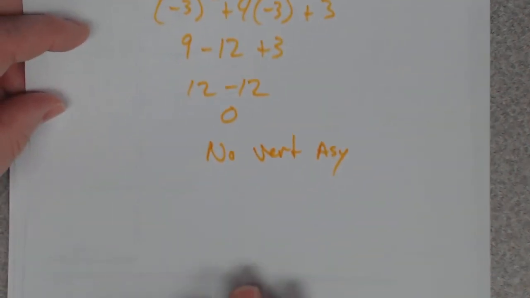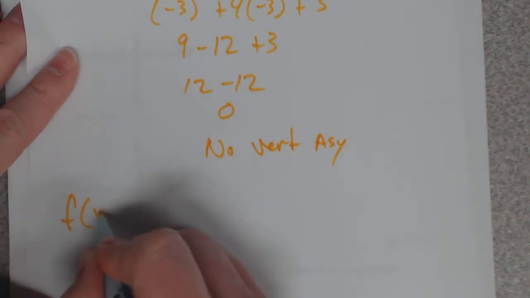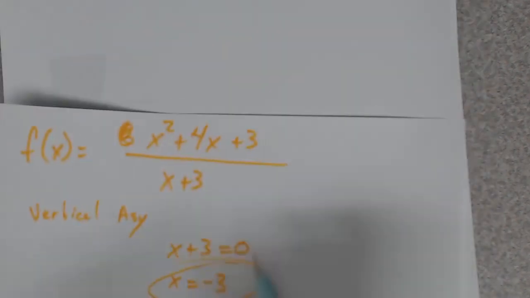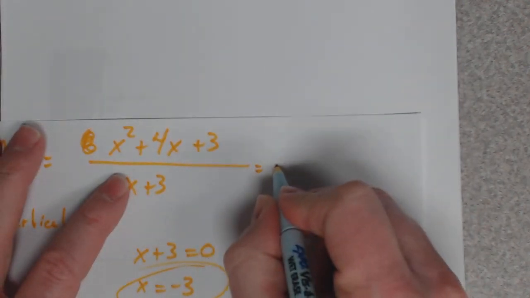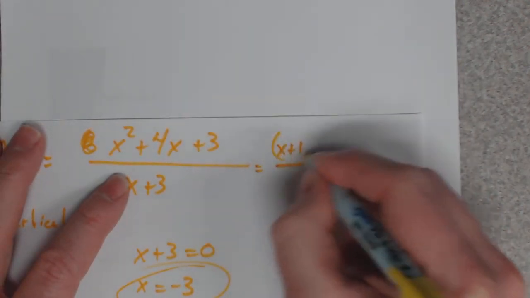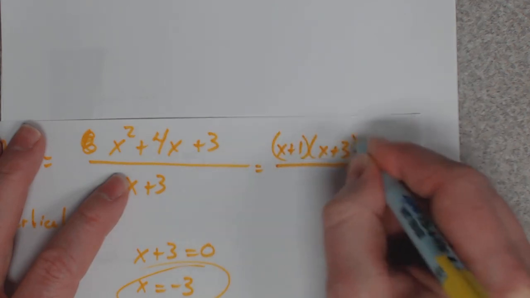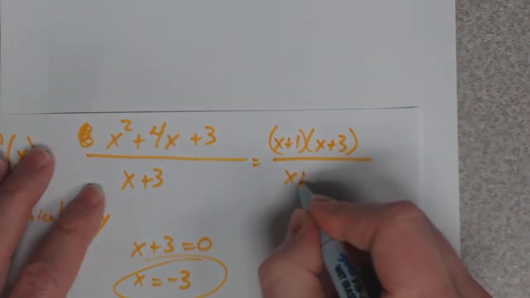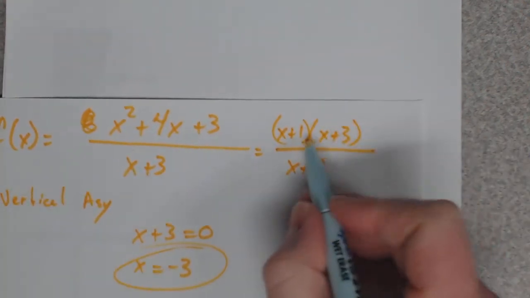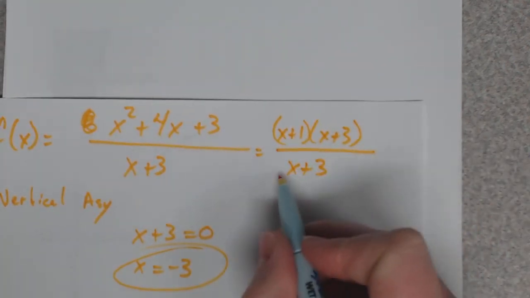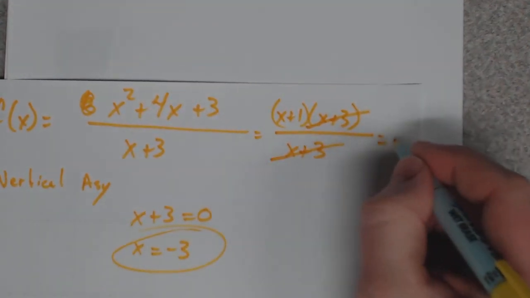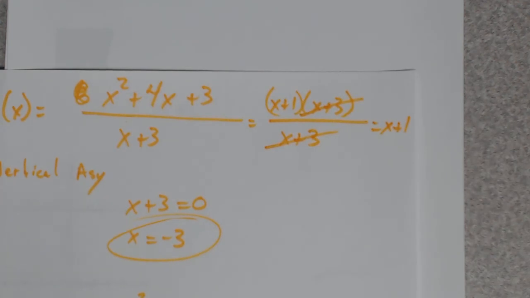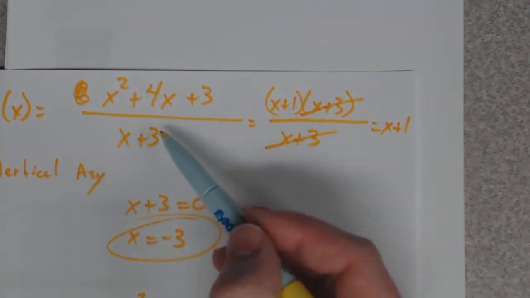And I'll show you why. That top up here could be factored, right? It could be x plus 1 times x plus 3. And the bottom is still x plus 3. These are being multiplied together and divided by x plus 3, so they cancel, and you're left with x plus 1. But you can't just forget about it because you started with a division.